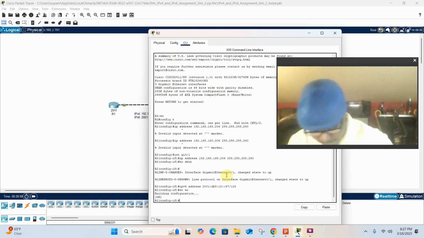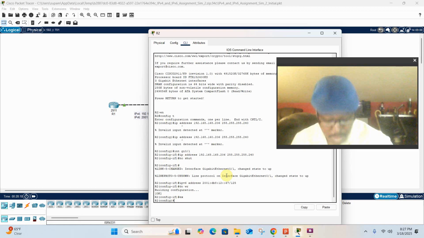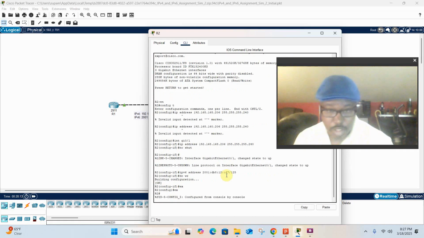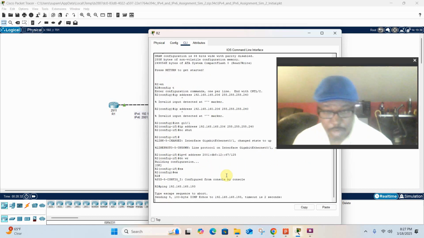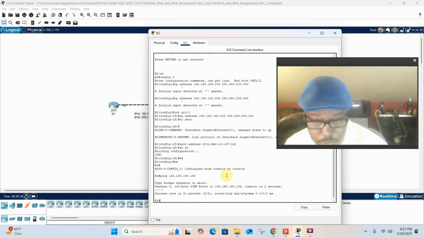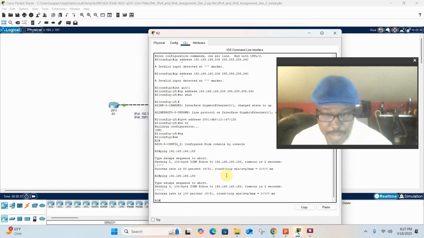So to verify, we're going to do a ping. We're going to ping R1's IPv4 address, 192.168.168.193. Yeah. So our pings are going through, and we got 4 out of 5. Let's hit that again. And we're good on the pings.